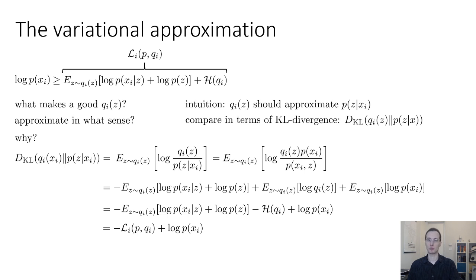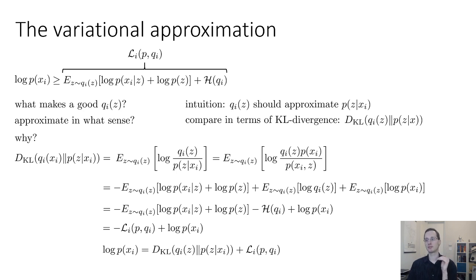I apologize, there's a little typo. That should be D_KL of qi of z and p of z given xi, not qi of xi. This KL divergence is equal to the negative evidence lower bound plus log p of xi, which means that log p of xi is equal to the KL divergence plus the evidence lower bound. All right, so if I just add Li to both sides, I get this equation.